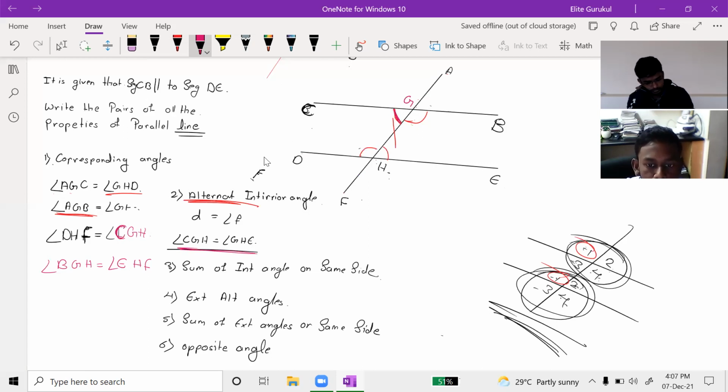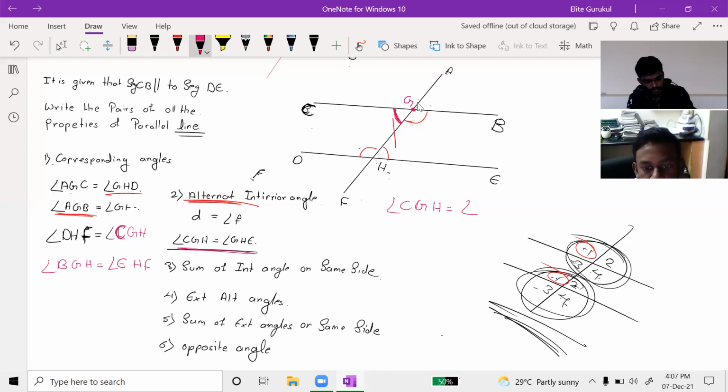Angle CGH is equal to angle GHE. How will you start with G? It is in the center, na? Yes, sir. Tell me again.